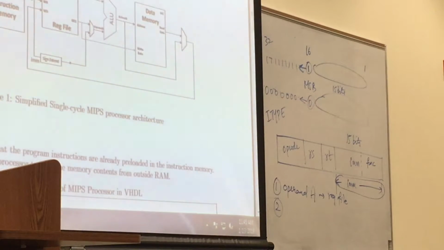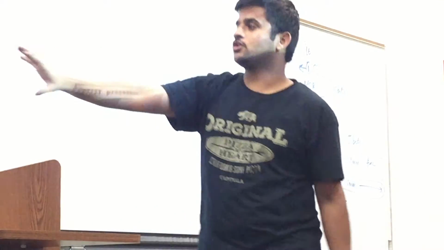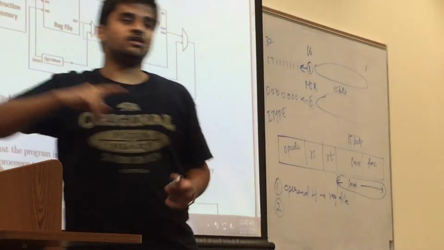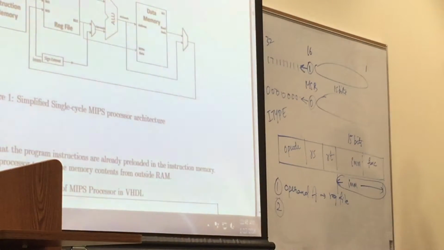So when you have an I type of instruction, you have to select this value as operand B. That selection between this and this is done using this select line, which will be given by the controller. I'll explain the controller later. So this is the operation of the register file, and that is the main difference between I type and R type of instruction. Is it clear?